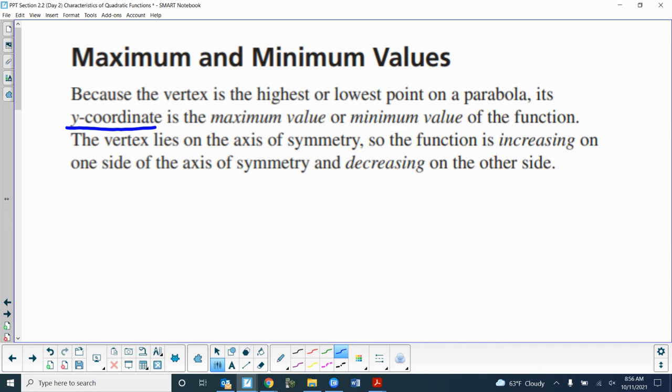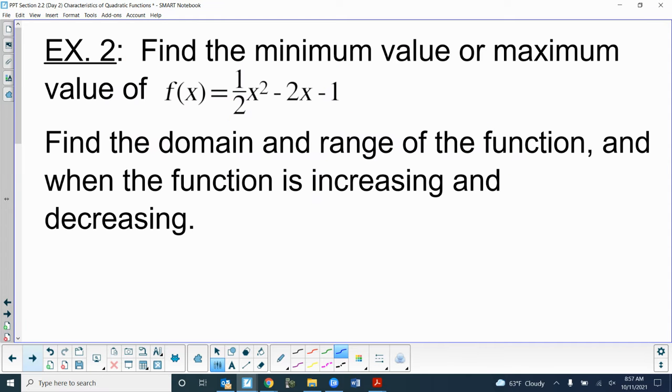Increasing means it's going up, and decreasing means it's going down, right? That makes sense? All right. So it says find the minimum value or maximum value of that function, find the domain and range of the function, and when the function is increasing and decreasing.